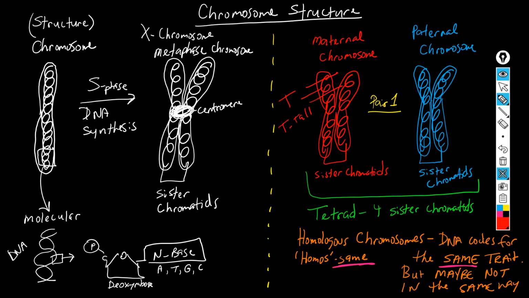So the maternal chromosome carries a gene that makes the pea plant tall. We'll say the paternal chromosome has a little t, and that little t is what makes the pea plant dwarf or short. So these are homologous chromosomes because they code for the same trait, but they can code for the trait in different ways. We're going to learn that those different ways can be called alleles later on, but that clarifies what it means to be homologous chromosomes.